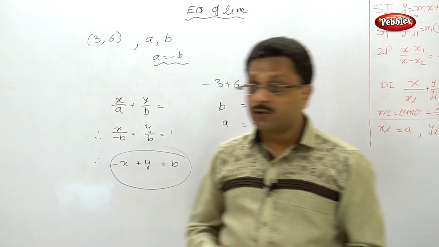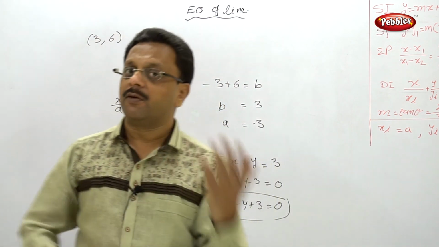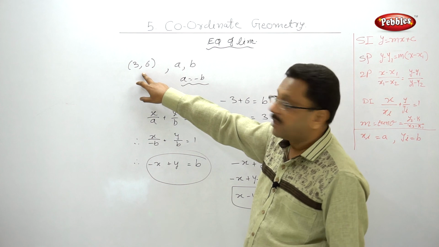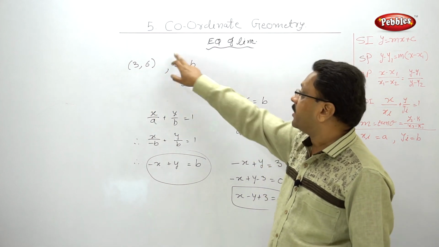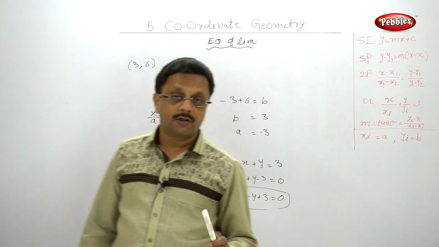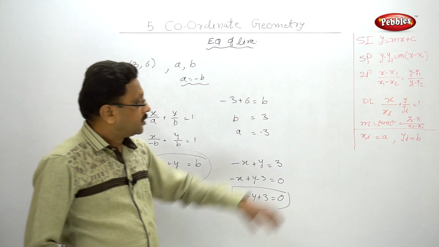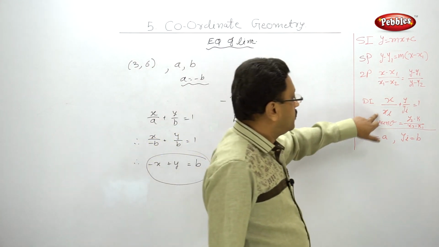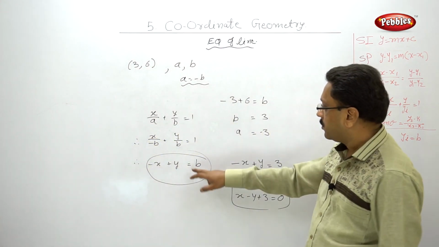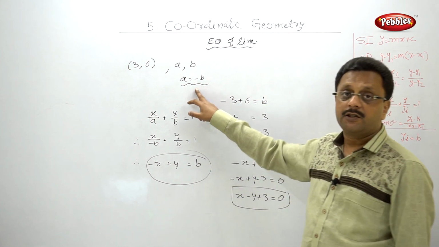The problem is not difficult, it is just tricky. Let us see the problem again. They gave one point and they said that the two intercepts are equal in magnitude and opposite in sign. So we first substituted this and found out one intercept. Then we found the second intercept, because that is just opposite.